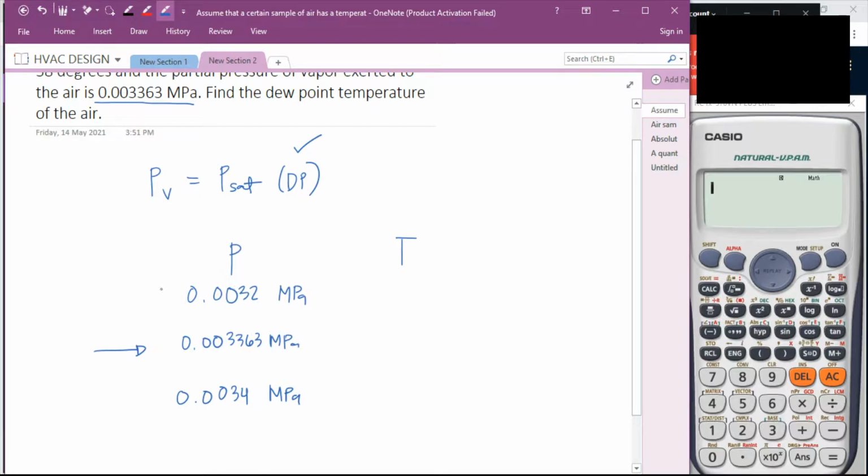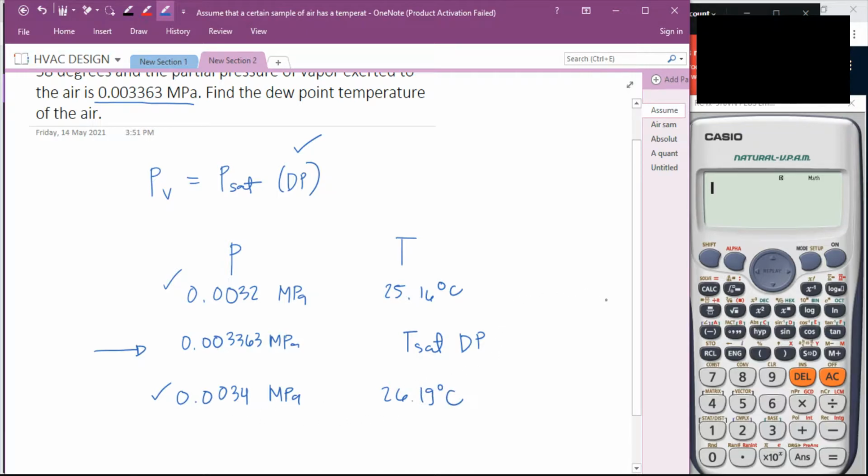And itong dalawang given na values, meron silang corresponding saturation temperatures. Yung saturation temperatures na nakalagay dyan is 25.16 degrees Celsius. Ito, hinahanap natin T-sat ng dew point. Tapos, yung isa is 26.19 degrees Celsius.